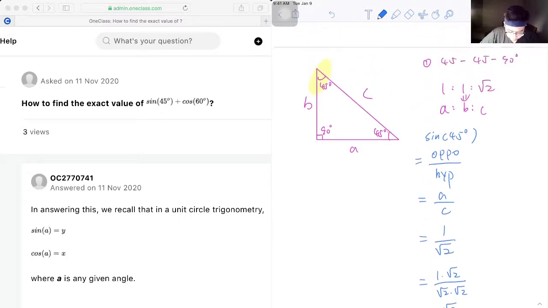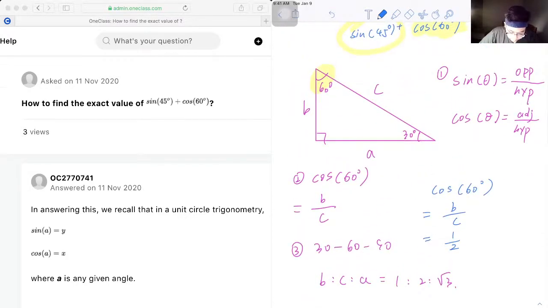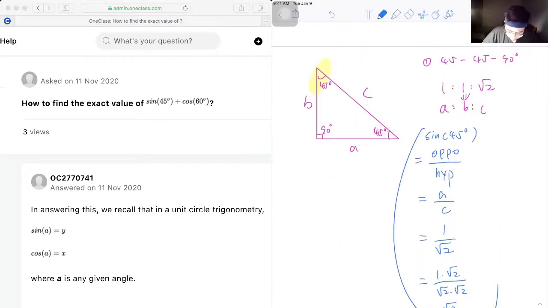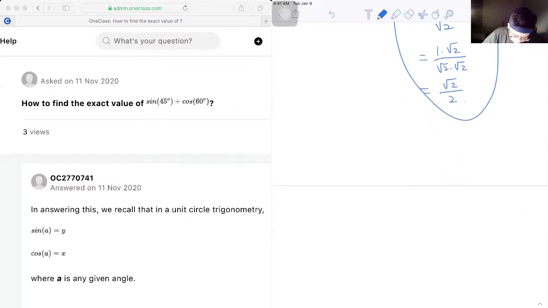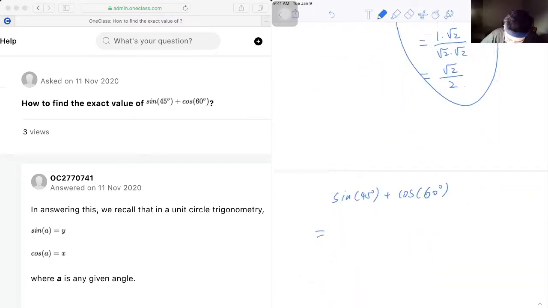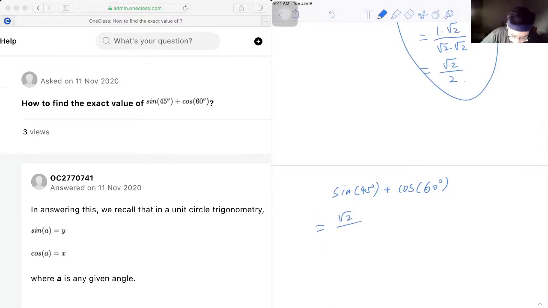Yep. So, combining what we have above, we just need to add them together. Let's write it here. Sine 45 plus cosine 60 will be equal to root 2 over 2 plus 1 over 2.